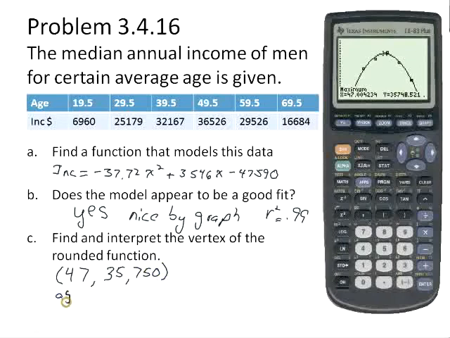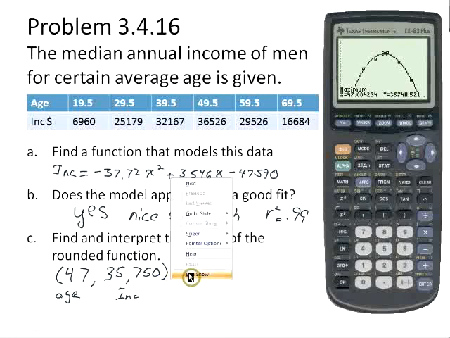Remember that this here is the age, and this here is the income. Interpreting this, it means that on average, men max out their income at an age of about 47 years of about $35,750. This completes this exercise from section 3.4.